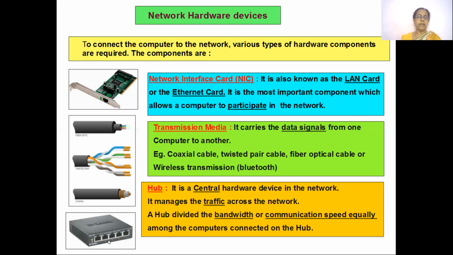All the computers connected on this central hub will use it at the same speed, not that one is getting nice speed and the other is not. So the communication speed will be equal amongst all the computers connected on this hub.